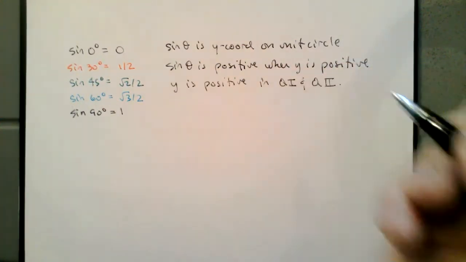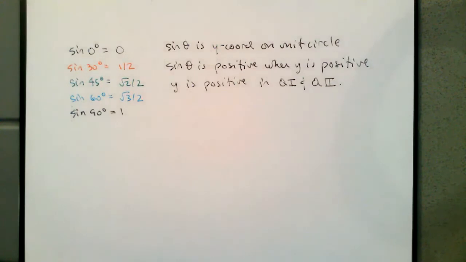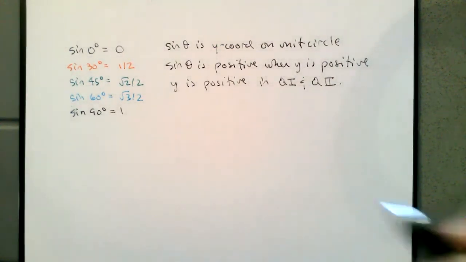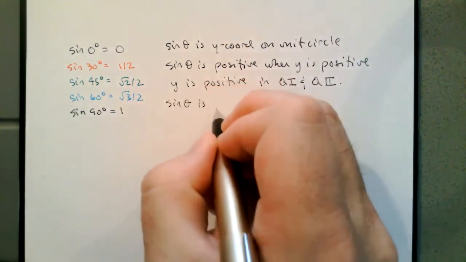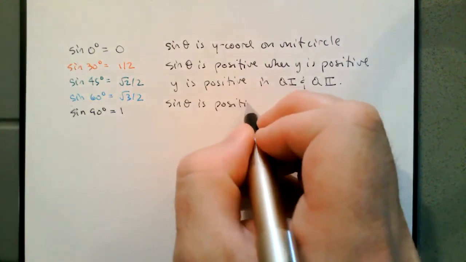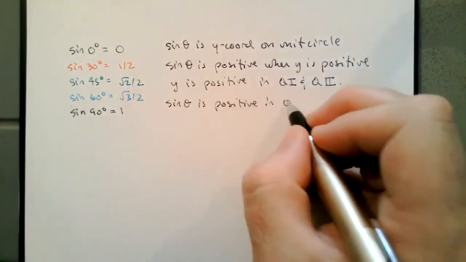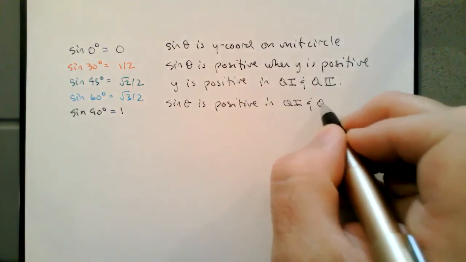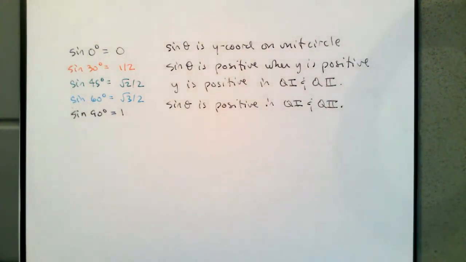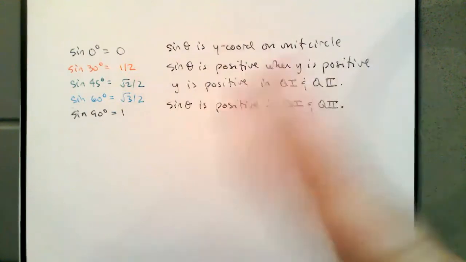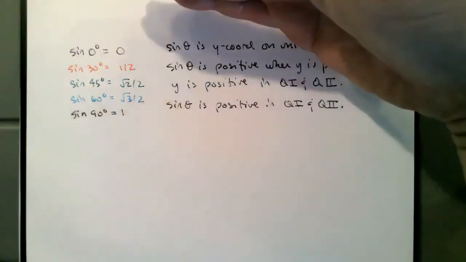So sine theta is positive in quadrant 1 and quadrant 2. Cosine is positive when x is positive. Sine is positive when y is positive.